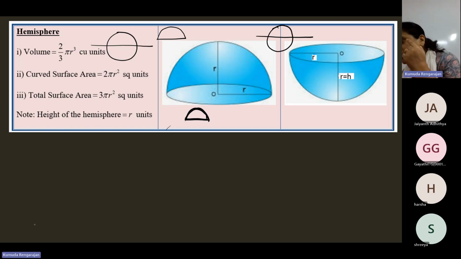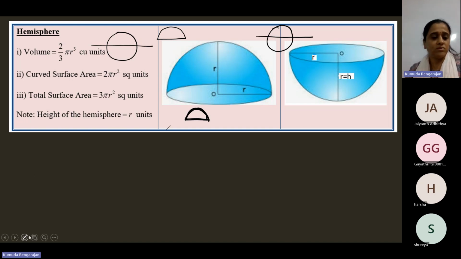Some hemispheres have both the curved surface area as well as the flat area, which is the area of the circle. Exactly like a cone. Some cones have only the curved surface area, while some have the curved surface area and that flat area, which is the area of the circle.